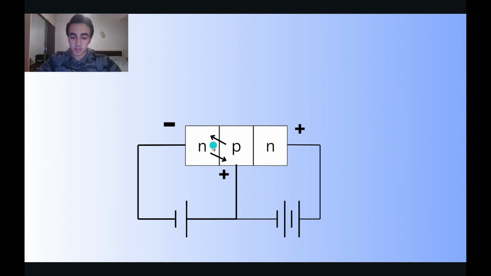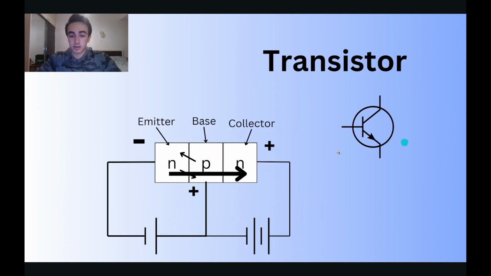So the electrons from this p-type can also jump to this n-type and flow here. So these configurations create a little flow of electrons in this circuit and a massive flow of electrons in this direction, like this.